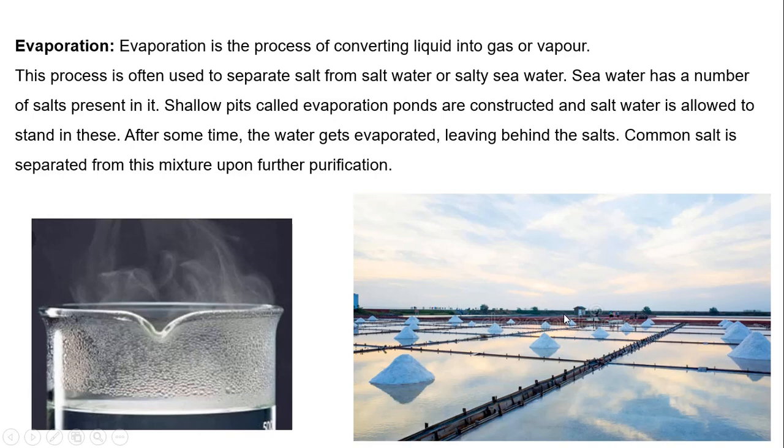Due to the heat of the sun, all the water will get evaporated, and what will remain in the pit will be the solid salt. This salt we cannot use directly. We need further purification, and after that you can use this common salt in our food and other items.